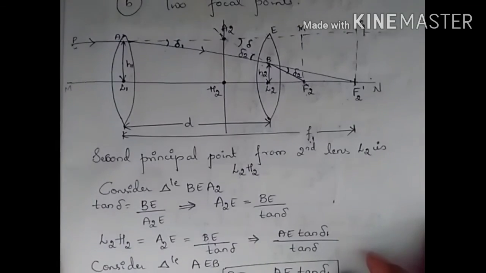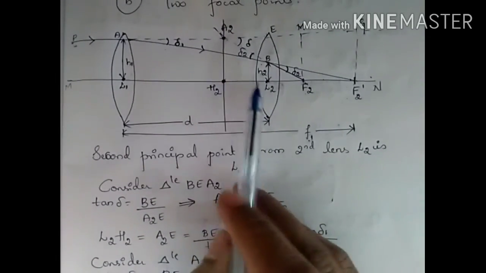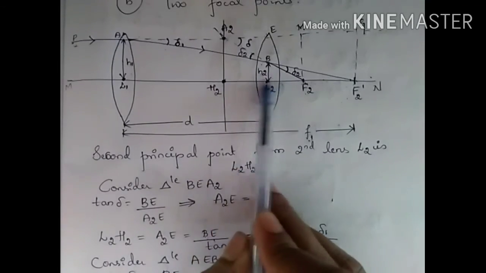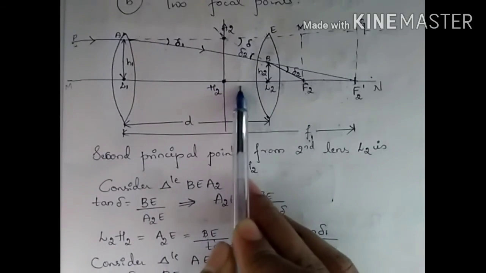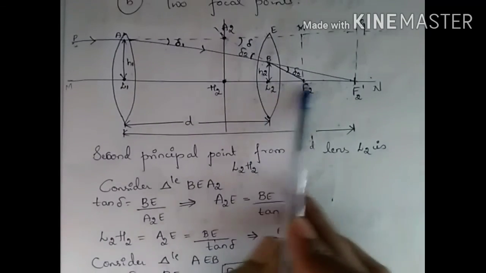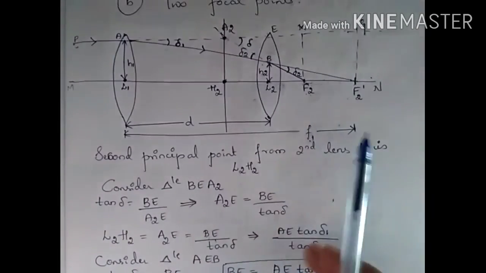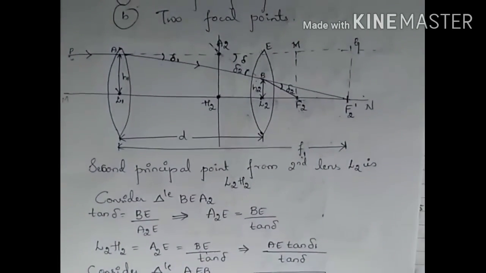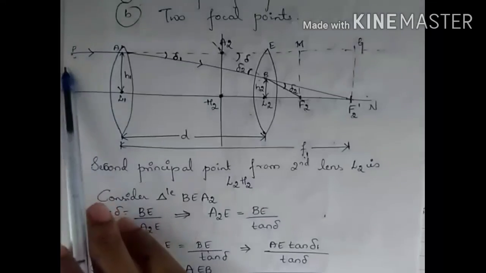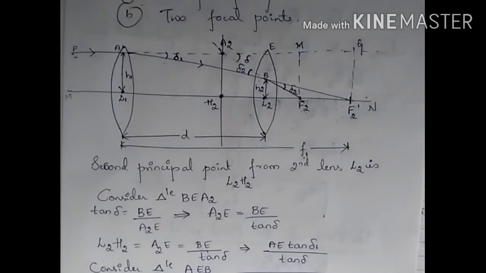So in this class we have learned the position of the second principal point, L2H2, which we denoted as alpha 2, and the position of the second focal point, L2F2, which we denoted by beta 2. The derivation is done with the help of this ray diagram, wherein two lenses are separated by a distance d.